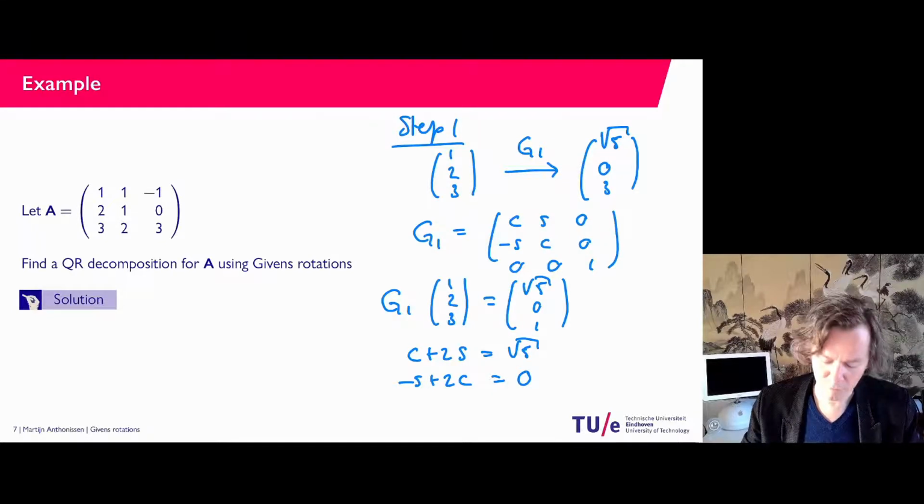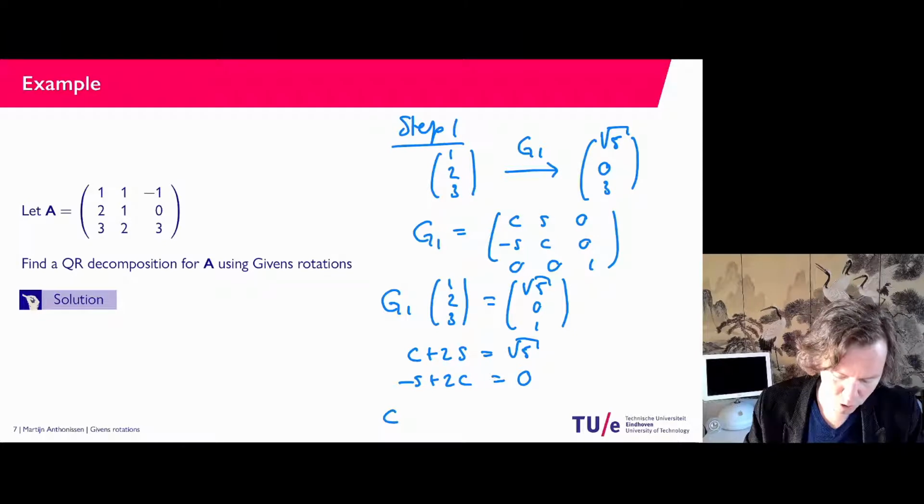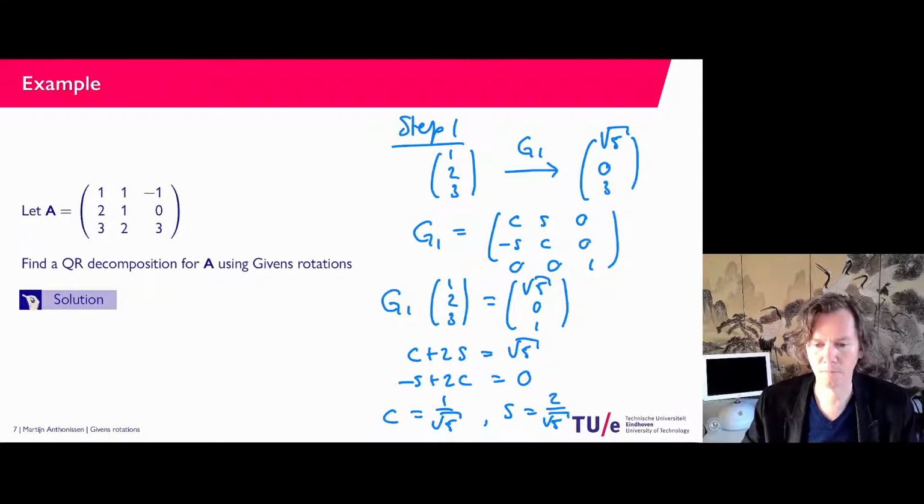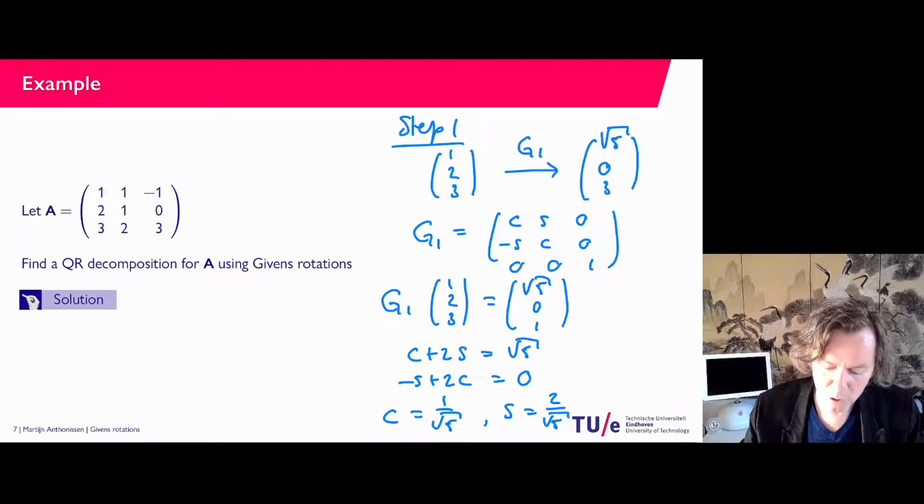So what we have is that apparently C is 1 over square root of 5, and S equals 2 times C, which is 2 over square root of 5. So let's go to a new slide.